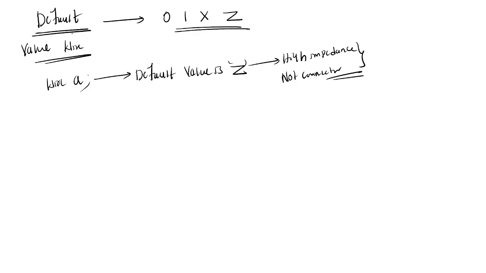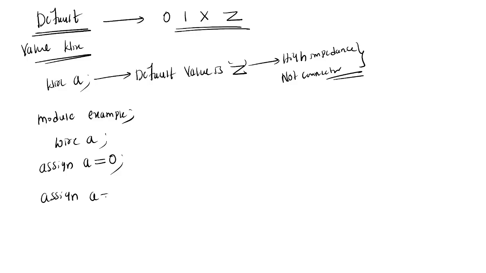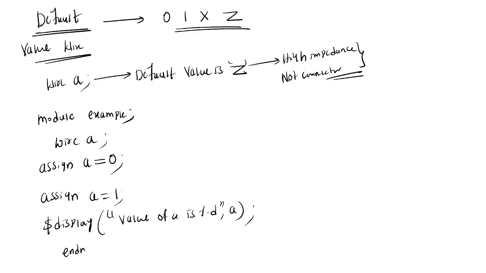Suppose I consider one module, example. I am using wire A. I am using assign A equal to 0, and assign A equal to 1, and a system task, dollar display, to display the value of A is percent d, comma A. End module.